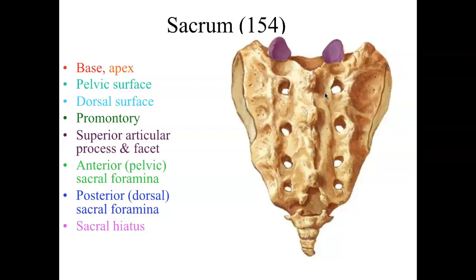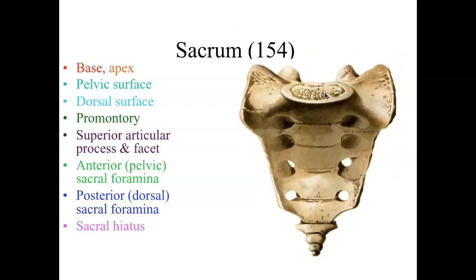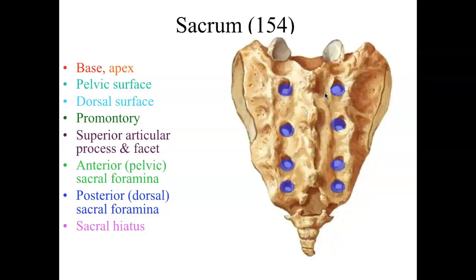Now, our next two terms, you might notice the word foramina in there. And if you remember the word foramina, that means many holes. So we have on our anterior view, anterior or pelvic sacral foramina, and on the back, we have posterior or dorsal sacral foramina. And every quarter that I teach this, someone always asks, well, how come we have two different names when it's one hole?